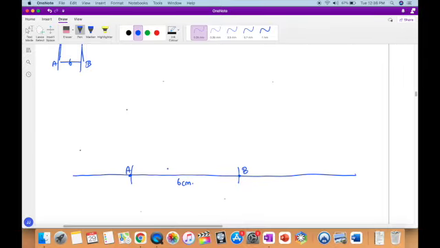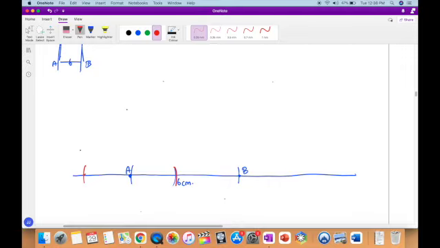And I will draw an arc on this side. From the point A, I will draw an arc on this side, and then I will draw another arc on this side. And keeping the same opening, I'll draw an arc on this side, and then another arc on this side.